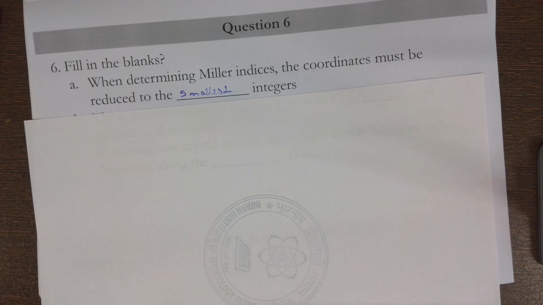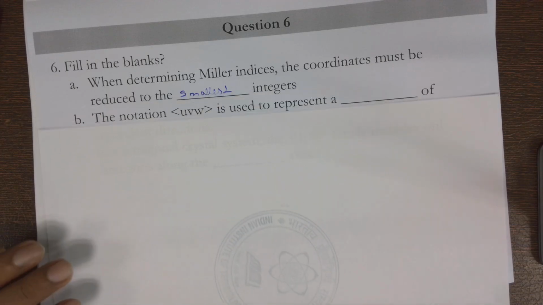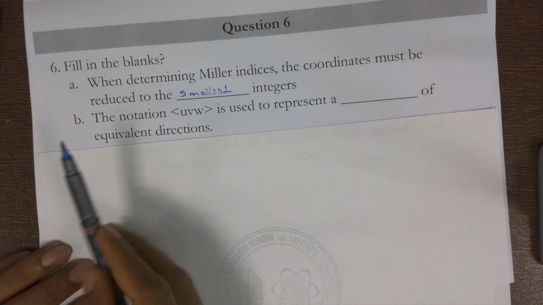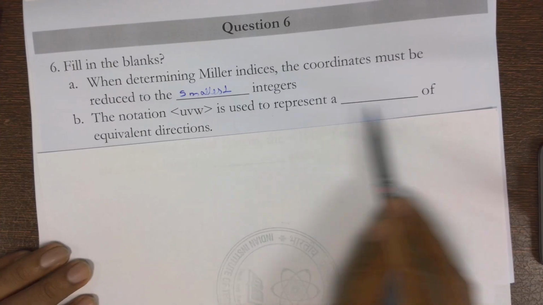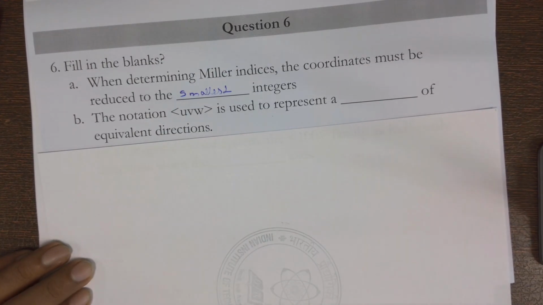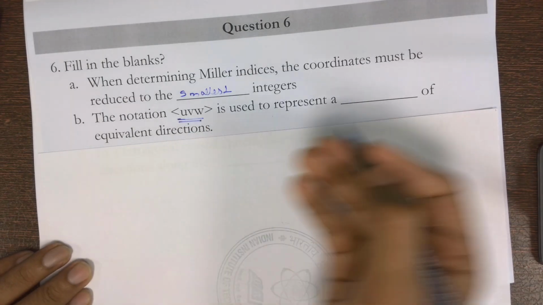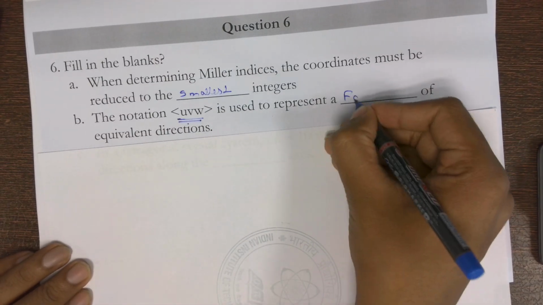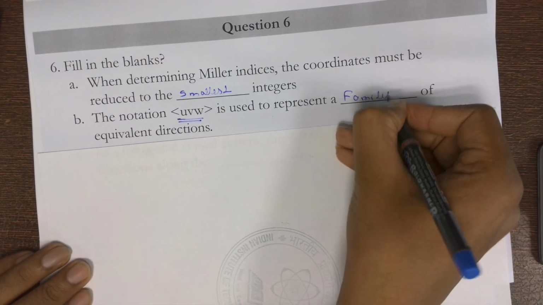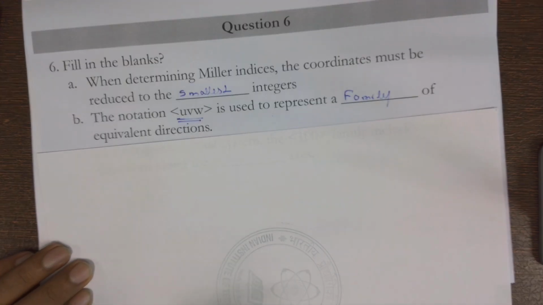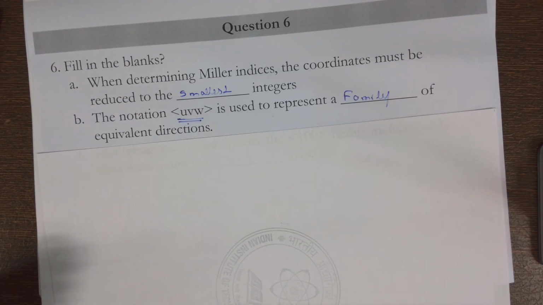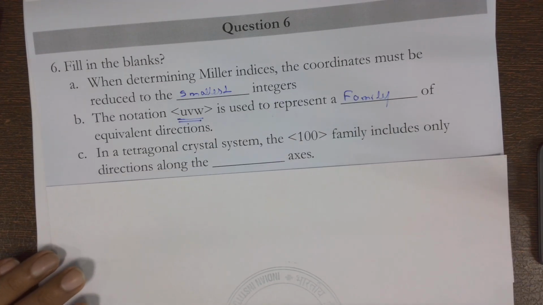Great. Let's go to the next one. The notation is used to represent a dash of equivalent directions. Great, it's a family of. It doesn't represent a single one. The entire family comes with it.